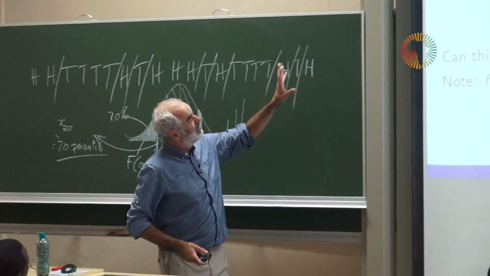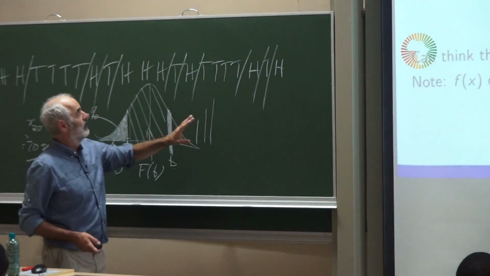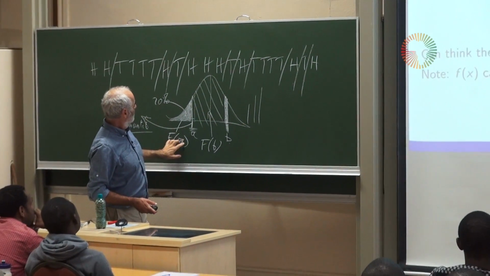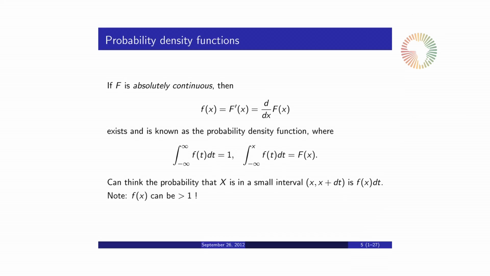And for all the ones we're going to be looking at, F, this cumulative distribution function, is absolutely continuous. It's got a derivative, and that's known as the probability density function.